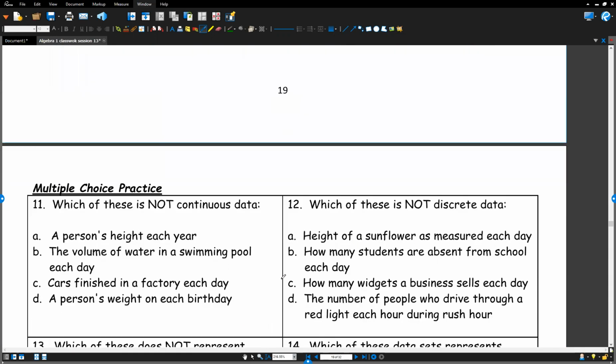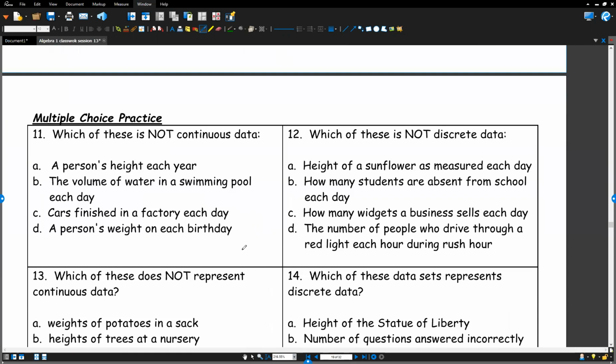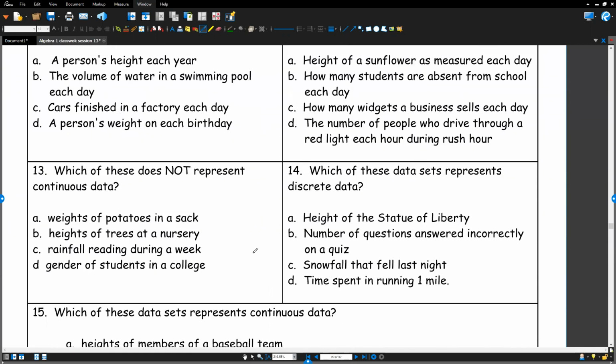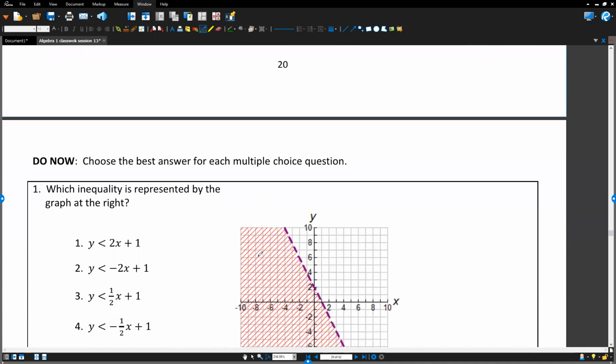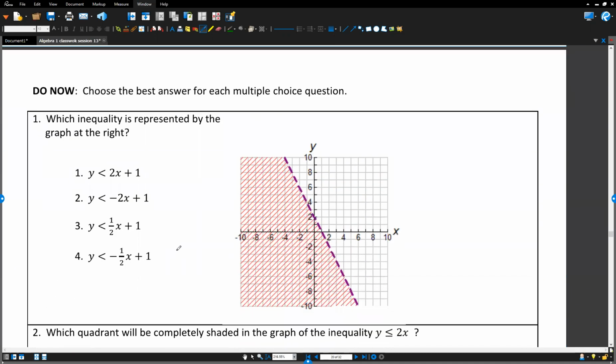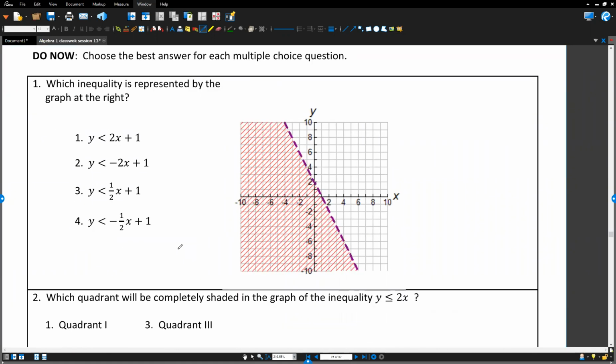What happened over here? Okay, I think that's enough for the discrete. We have a graph over here, so we have to check which is a solution set. First, we need to find the equation of this line. The y-intercept is 2.